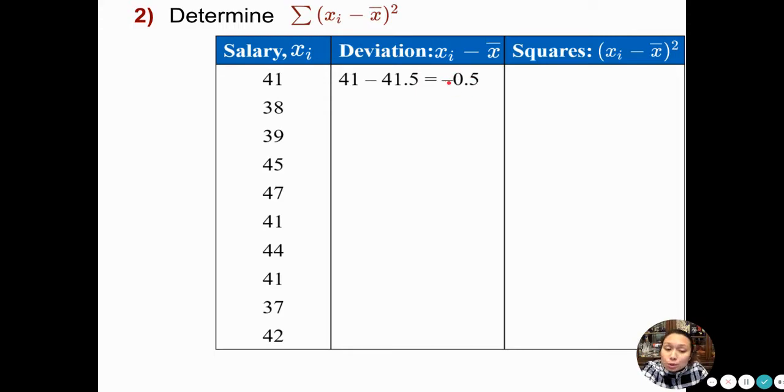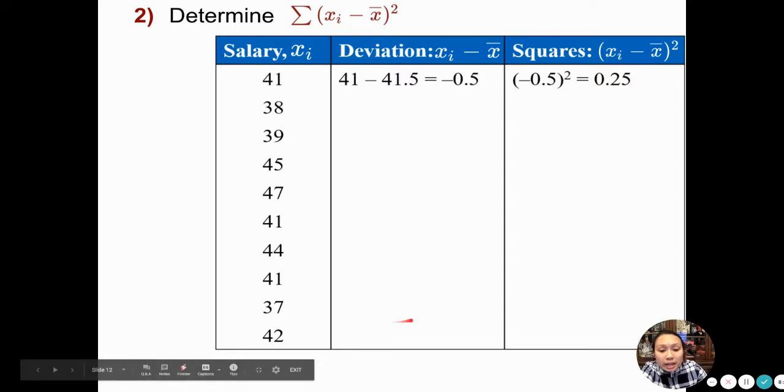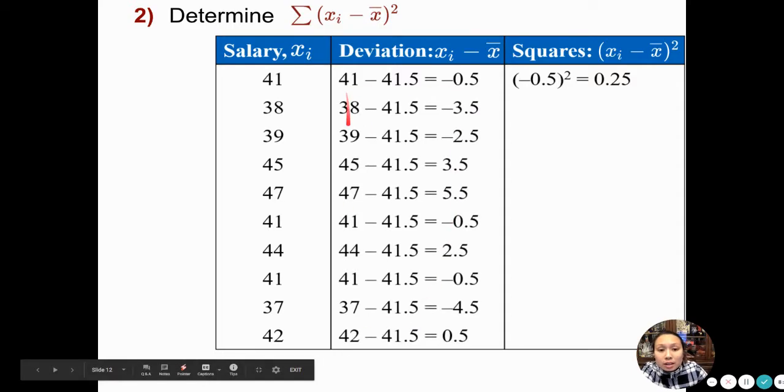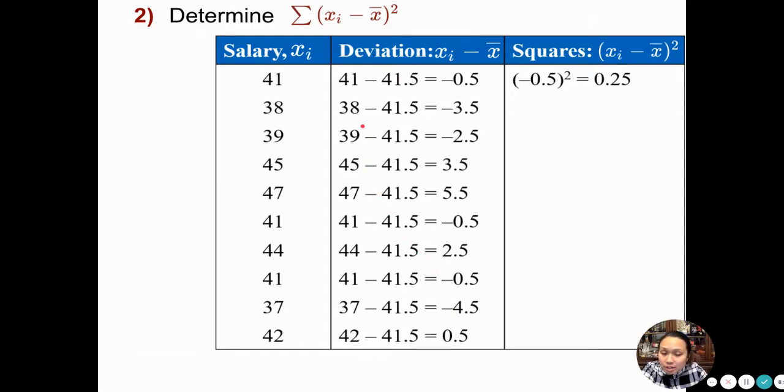If we square that number, which is what it asks us to do here, we get 1/4 or 0.25. Then you finish up and do the remaining deviations. You can go ahead and check your answer here.